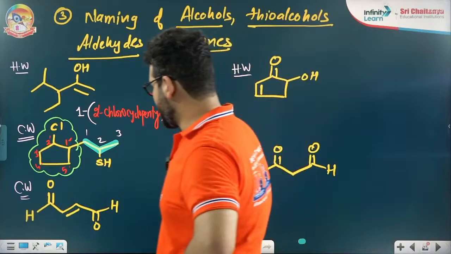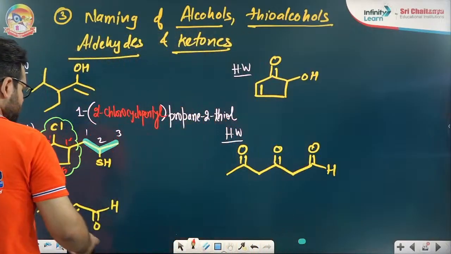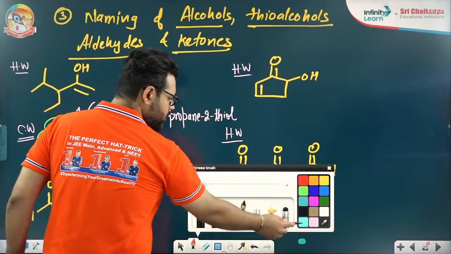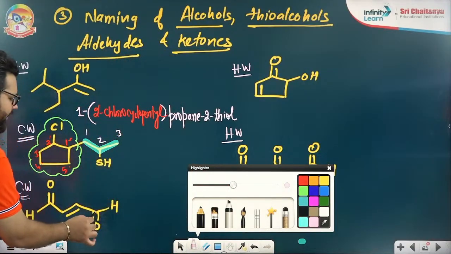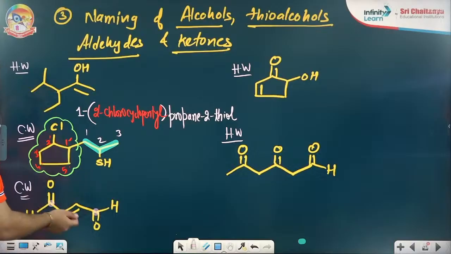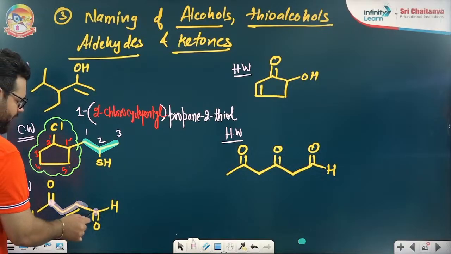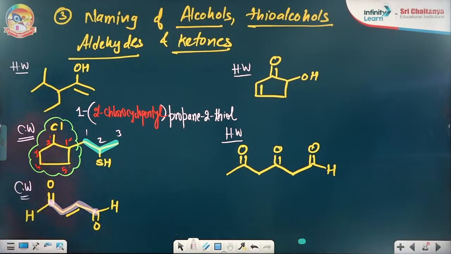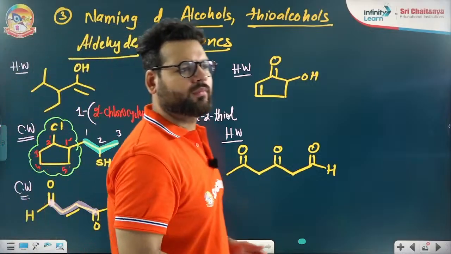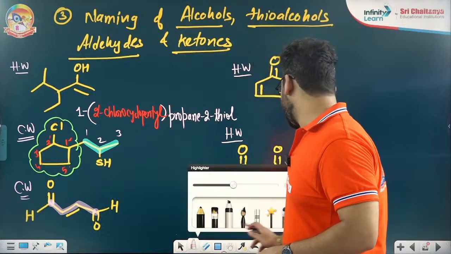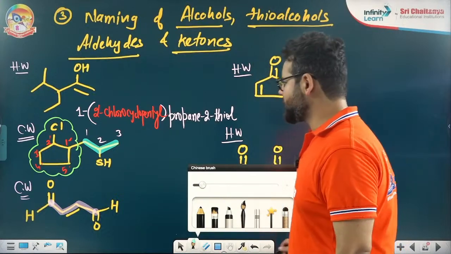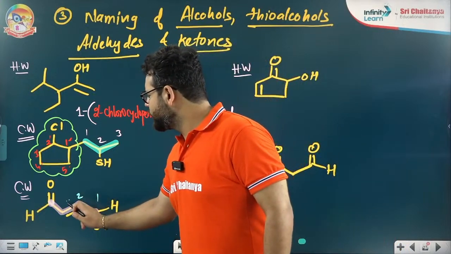Yes. Okay. This one also we can do. First, always look at the functional group. This is an aldehyde, CHO. This is also an aldehyde. Both of them are important for us. 1, 2, 3, 4. It's a butane diol, but it's a butene diol. So numbering can be done from any end because it's the same from both sides. 1, 2, 3, 4.